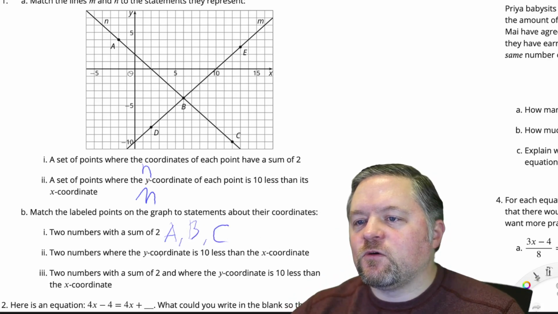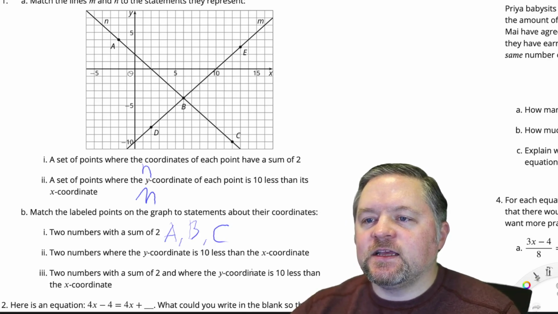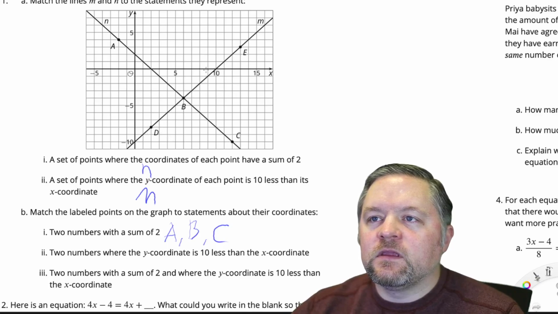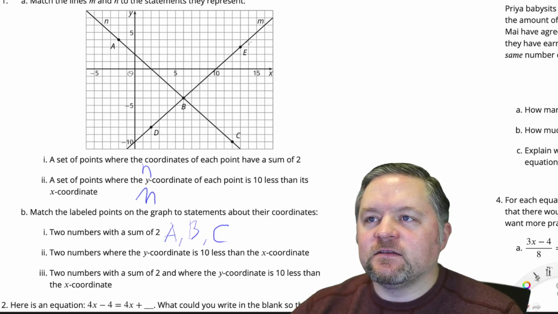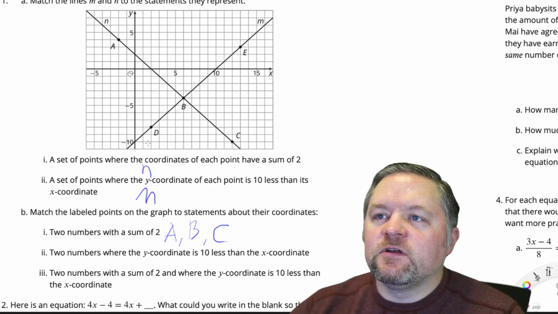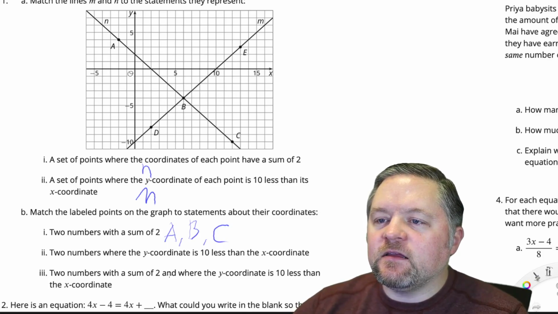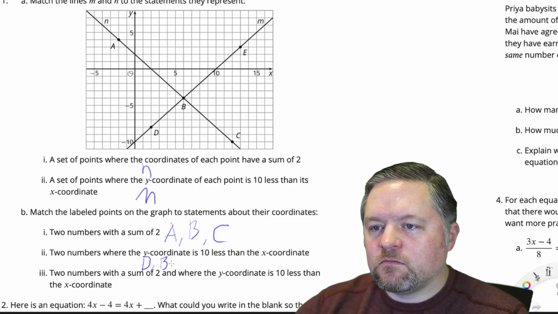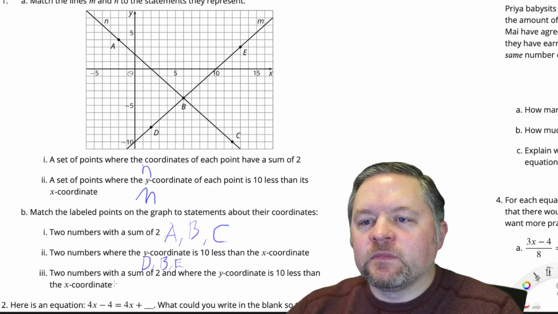Two numbers where the y-coordinate is 10 less than the x-coordinate. Ooh. That's what this line is the equation of, which means D, B, and E all work for that.